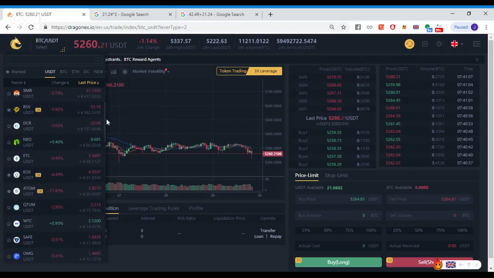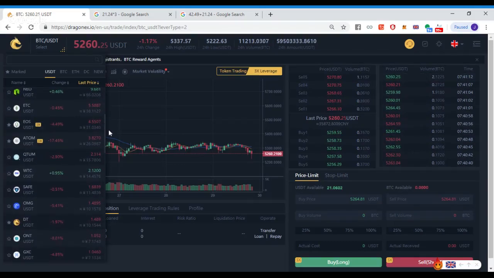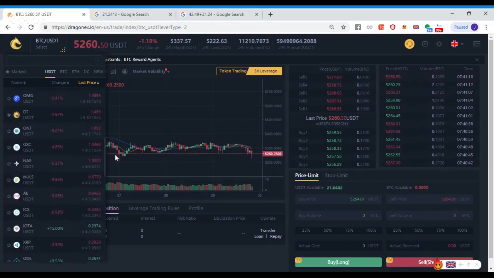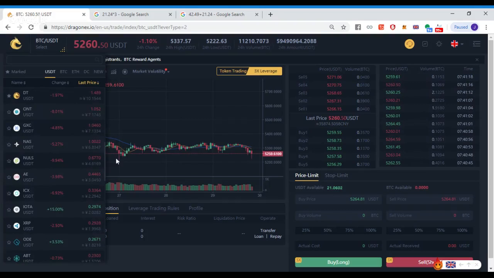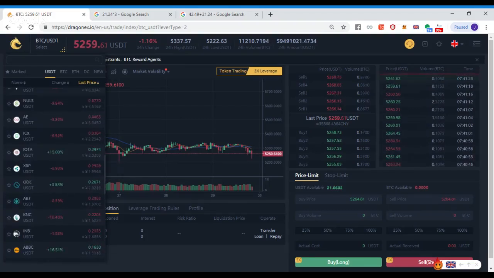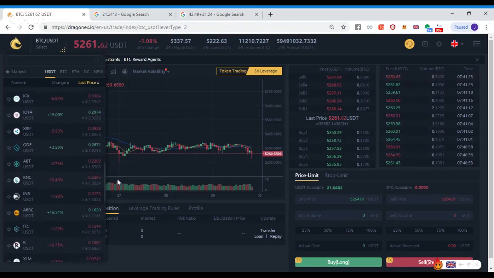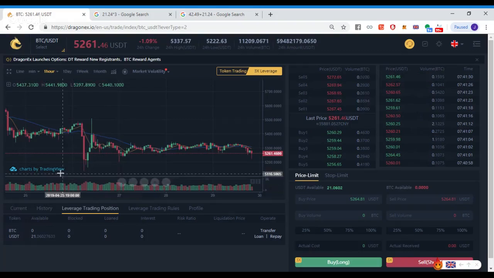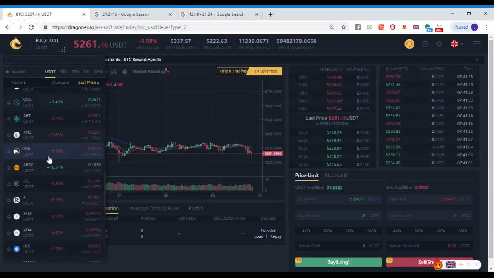So for instance, we got DCR, NEO, Atom, Qtum, WTC, Safe, OMG, ONT, GXC, Nas, Aeternity, ICX, IOTA, ABT, Kyber Network Crystal stands out to me right now, down 10.6%, trading at 22 cents. You have Alibaba coin, ABBC, XLM, Revain.